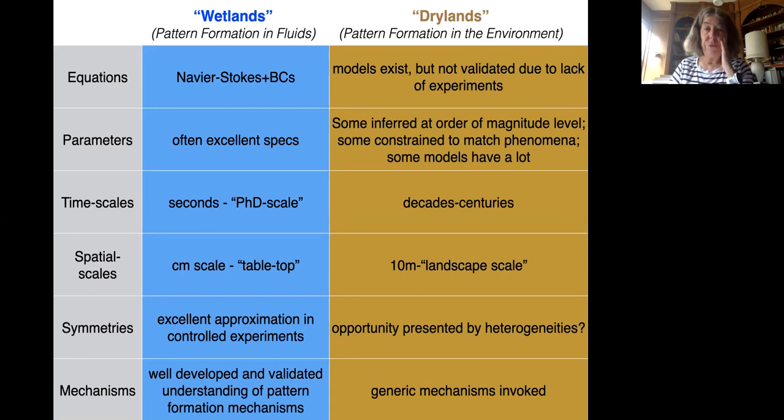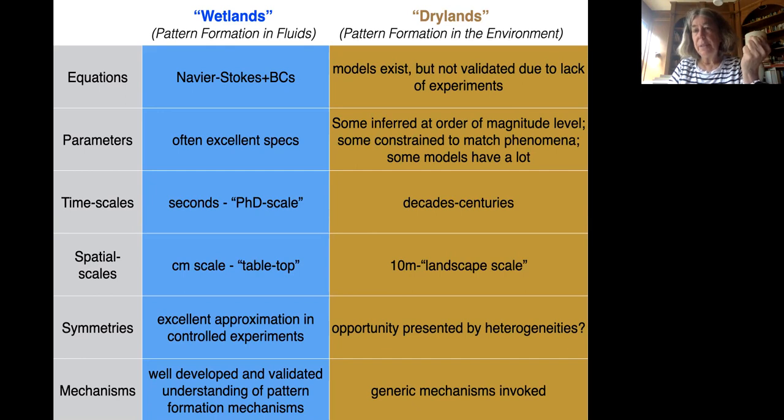In the case of fluid mechanics, we know the equations. And in the case of these vegetation patterns, there's a bunch of models out there of varying complexity, but it's not like there are experiments to validate them.